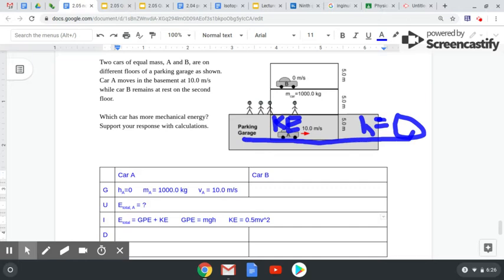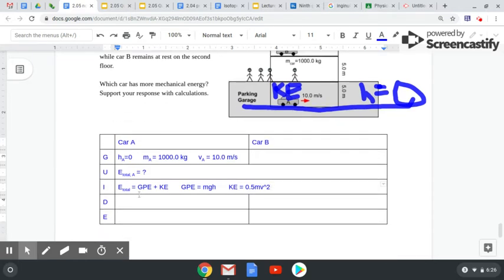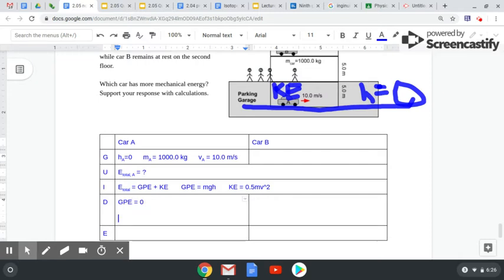All right, so we're just calculating total mechanical energy for A, which is just kinetic energy. So we're going to write down GPE equals 0. KE equals 0.5 times our mass, which is 1000.0, 5 sig figs, times our speed of 10.0, 3 sig figs, squared.